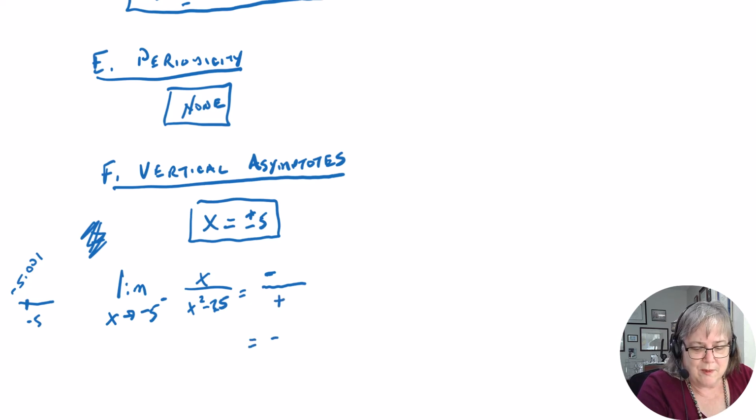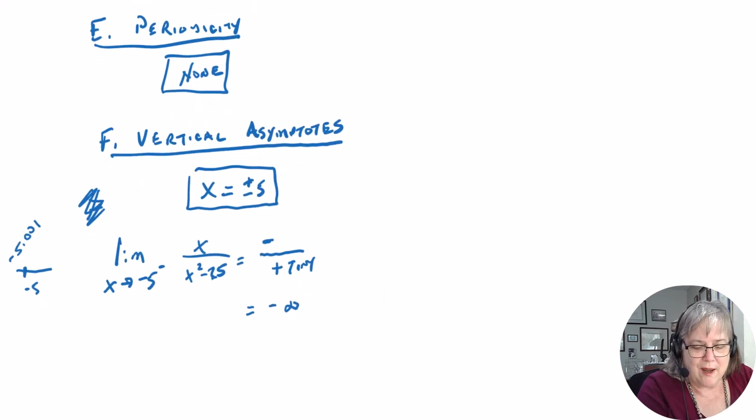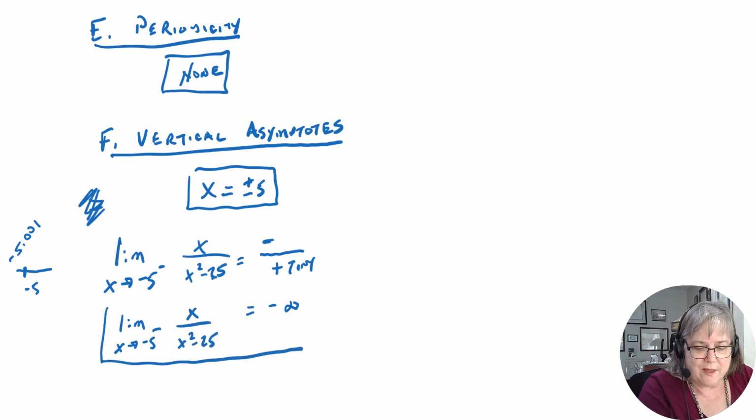So this is going to be a positive tiny number. A negative infinity, because taking any number up here and dividing by a wee little tiny number is going to give you a huge number, and it happens to be negative. So the limit as x approaches negative 5 from the left of x over x squared minus 25 is negative infinity.